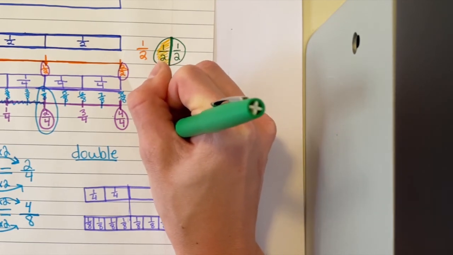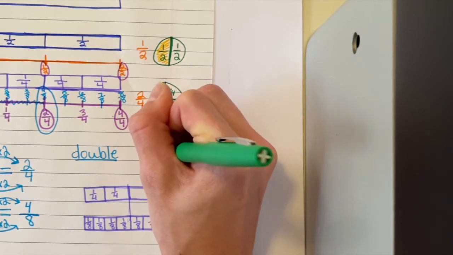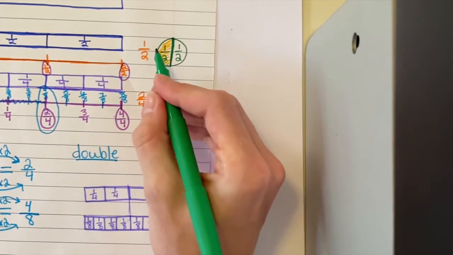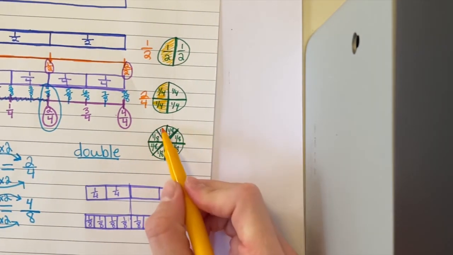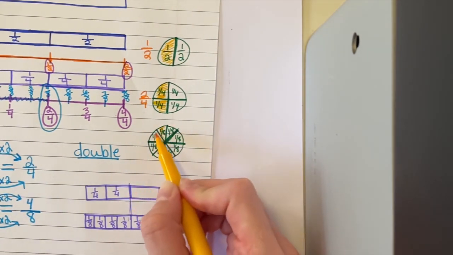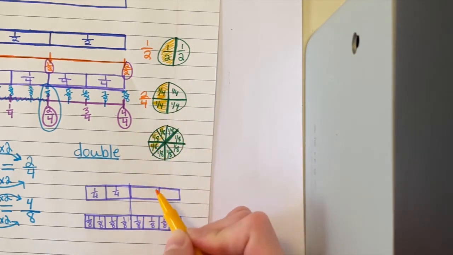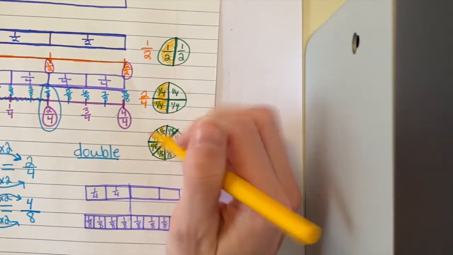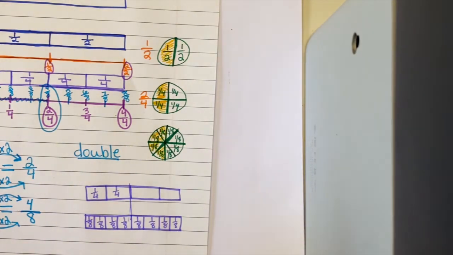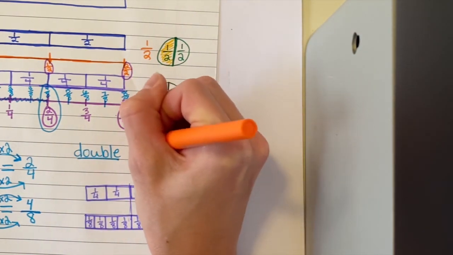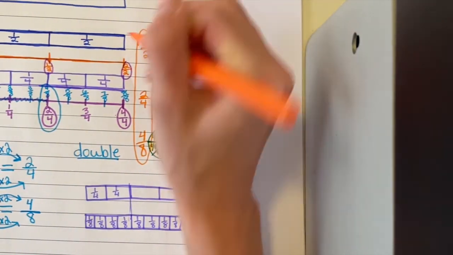Labeling each part, and I'll shade for 1/2 and 2/4. 1/8, 2/8. 2/8 makes a fourth. 3/8, 4/8. So 4/8 would also be another equivalent fraction.